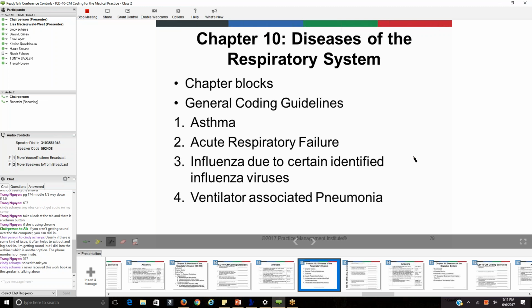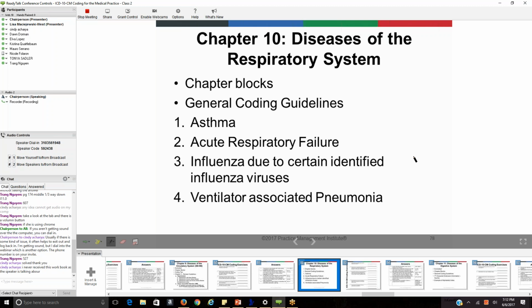Acute respiratory failure as a principal diagnosis. The code from subcategory J96.0, acute respiratory failure, or subcategory J96.2, acute and chronic respiratory failure, may be assigned as principal diagnosis when it's the condition established after study to be chiefly responsible for the hospital admission, and the selection is supported by the alphabetic index and tabular index.